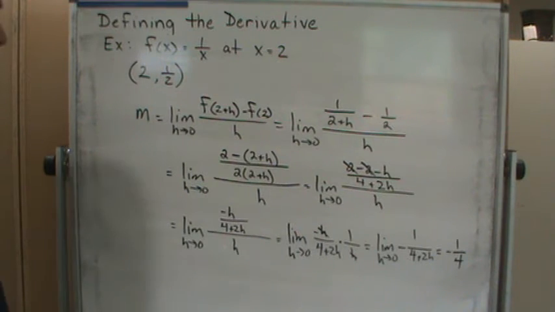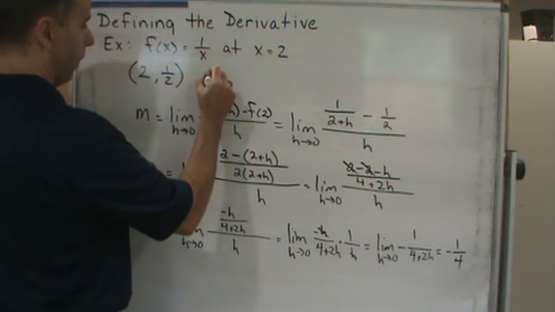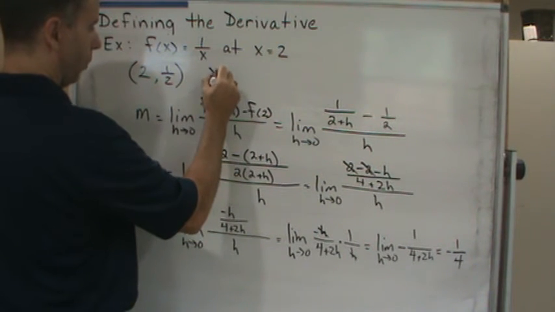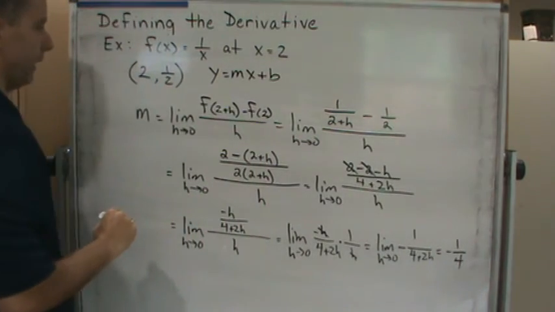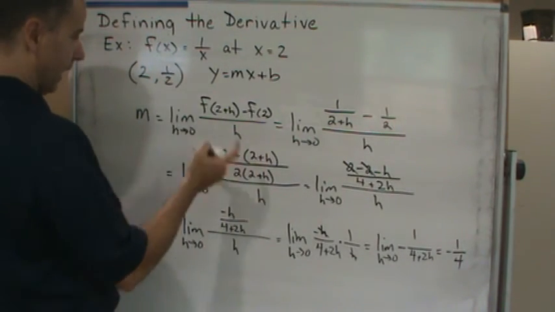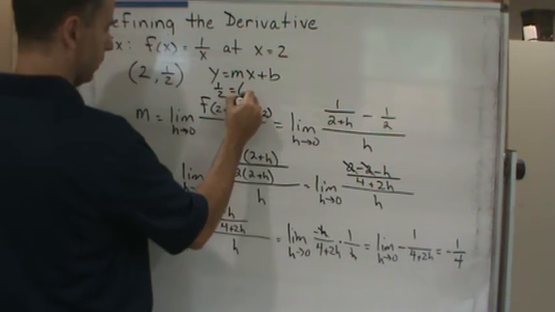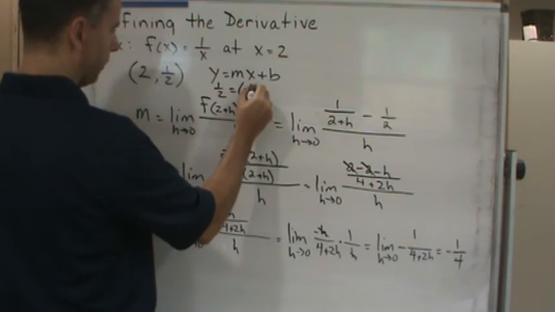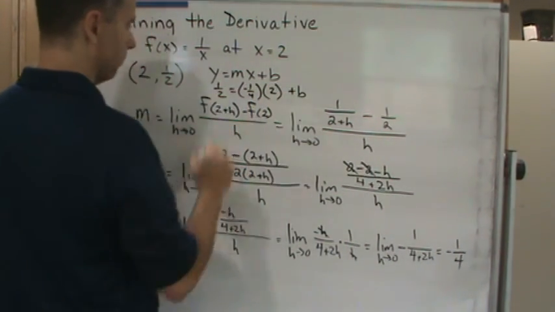Now I know the slope is negative 1/4, so now I use y equals mx plus b, right? I'm going to plug in my point and my slope, and so I get 1/2 equals negative 1/4 times 2, plus b.